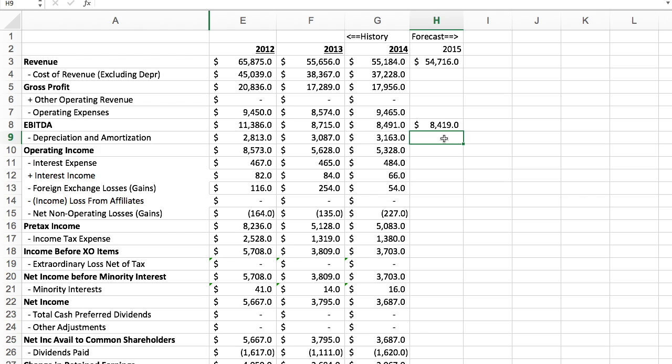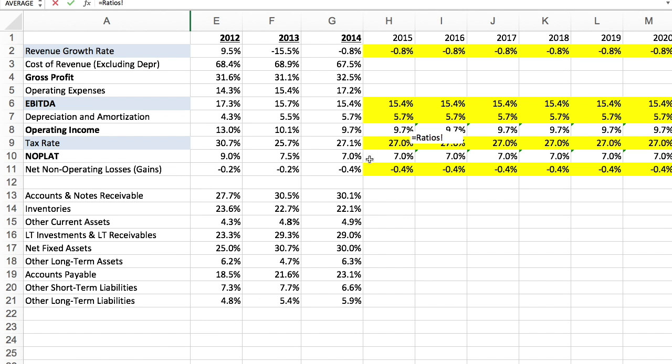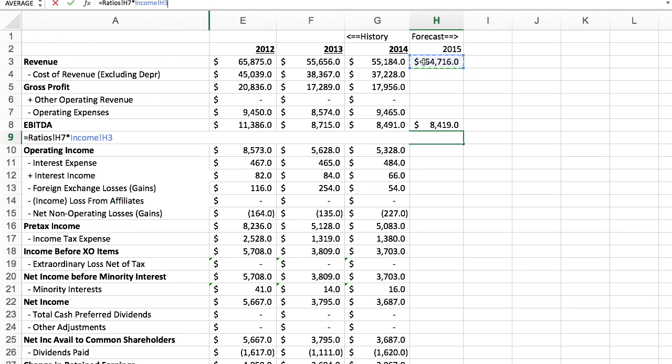So for depreciation, 2015 equals from the ratios tab, 2015 depreciation and amortization as a percentage of sales, times from the income tab, 2015 forecasted sales in dollars. 3136.2.